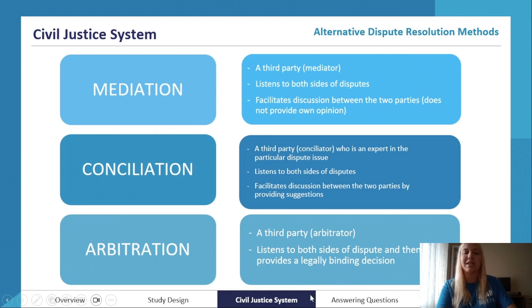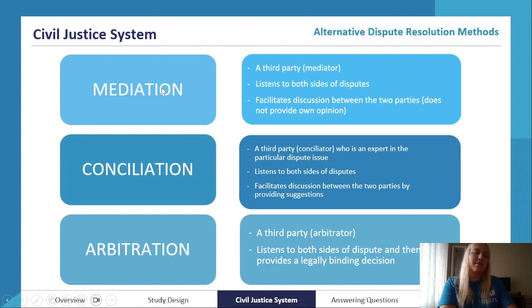So this is how conciliation is different. Conciliation is like one step up. Whereas mediation just facilitates discussion, helps to discuss the issue, conciliation also facilitates discussion, but also provides suggestions and provides ideas for the resolution. The third party in conciliation is also called a conciliator.